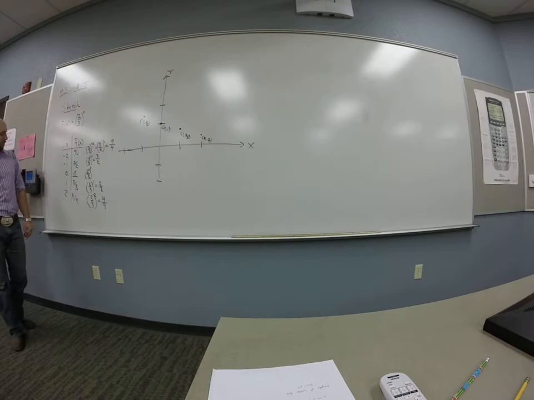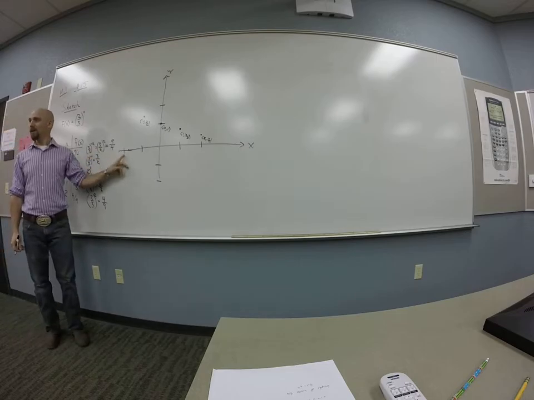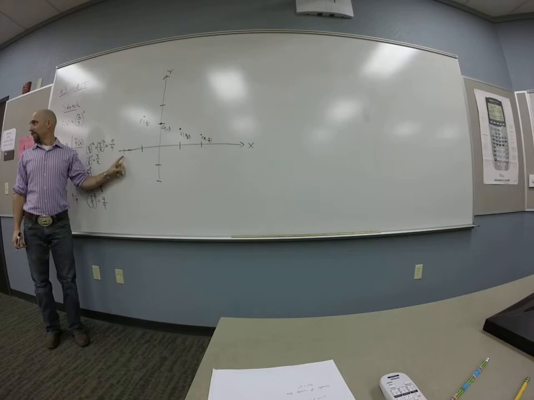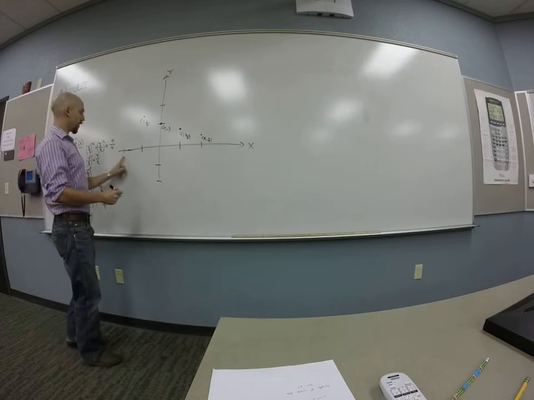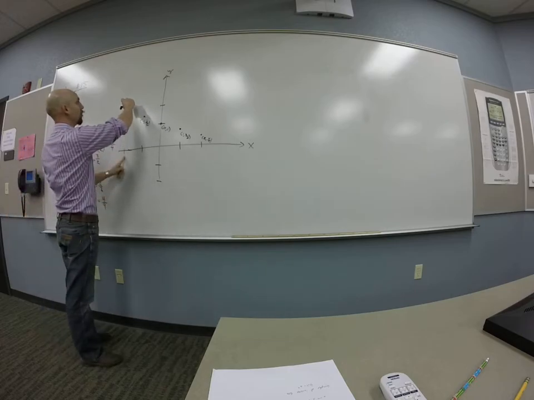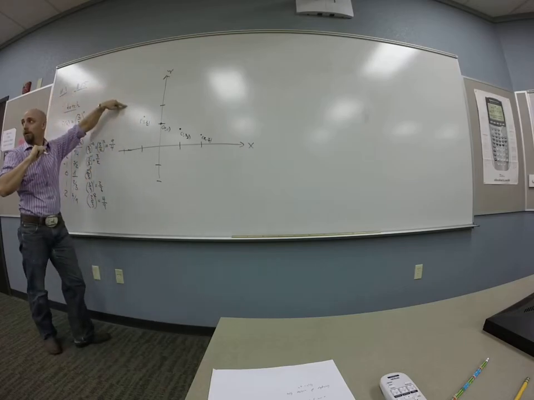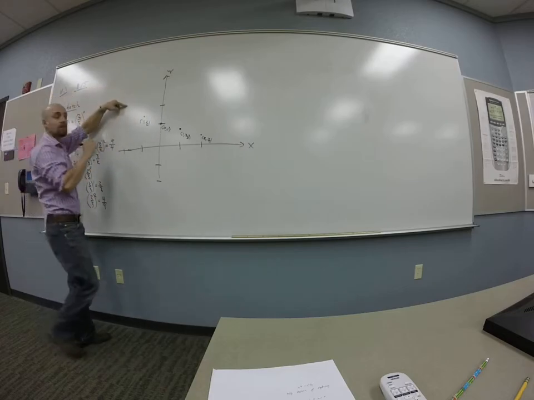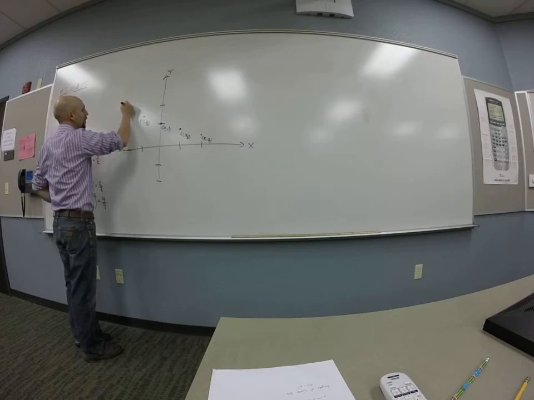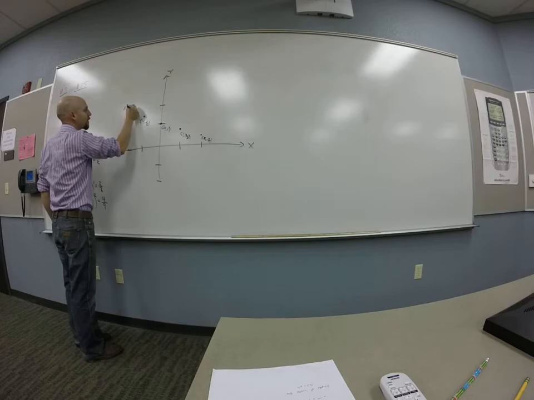Okay, how about the other one? -2 and 9/4. So -2 I get, and then up 2. Yeah, 9/4 is 2 1/4, so I should go to -2 and then up 2 and maybe another bit. So I'm thinking about there. Does that look okay to you guys? So that's -2 and 9/4.